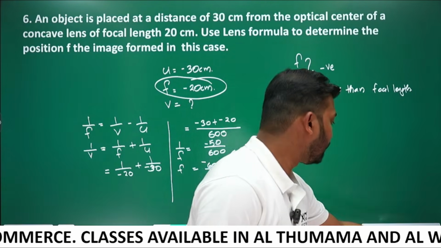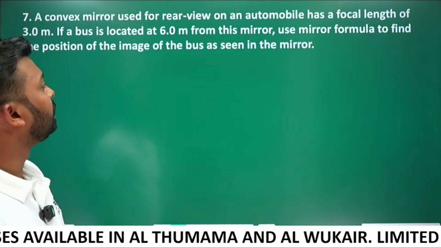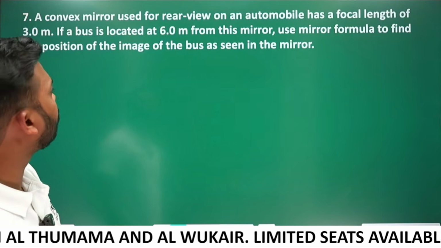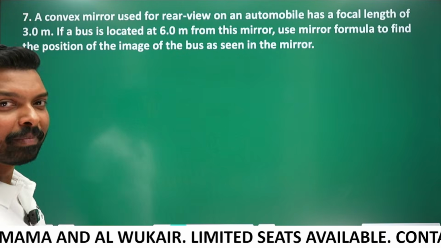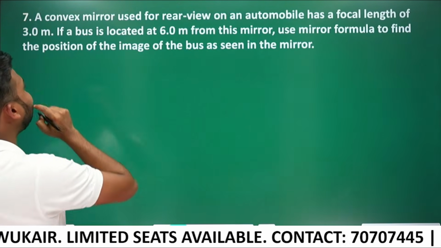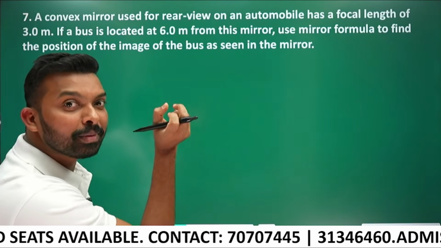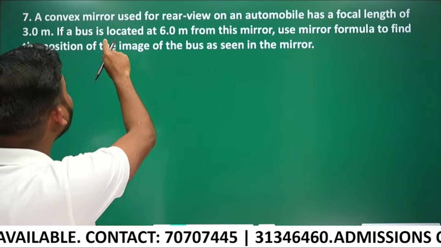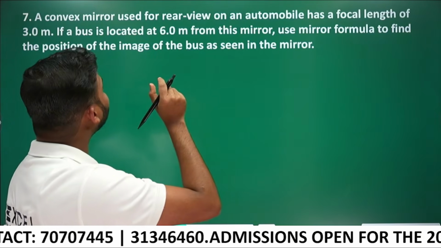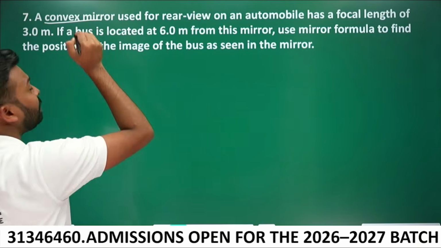Now, can we go for the next question? Here is the next question. A convex mirror used for rear view on an automobile has a focal length of 3 meters. Be careful here, it is 3.0. In certain situations, this particular statement won't even be given.